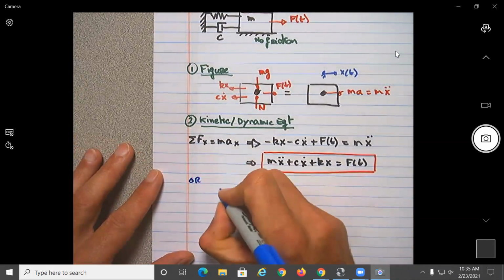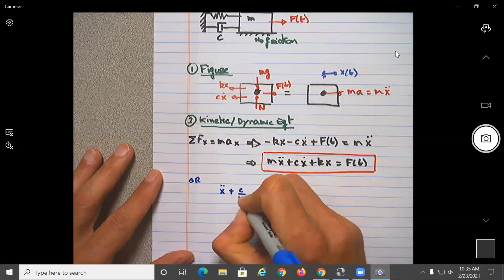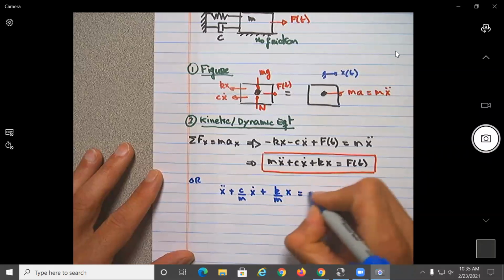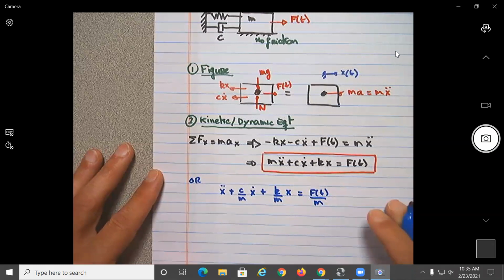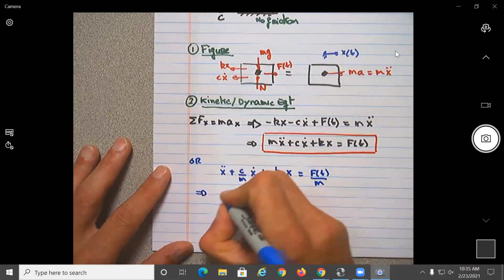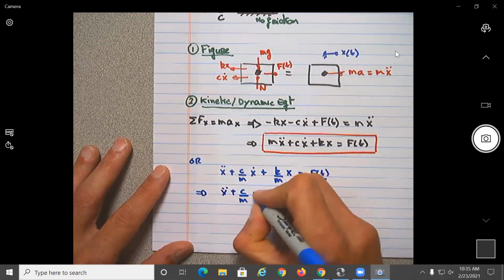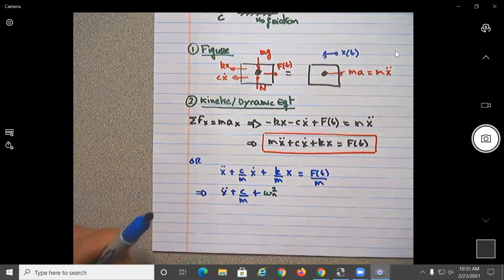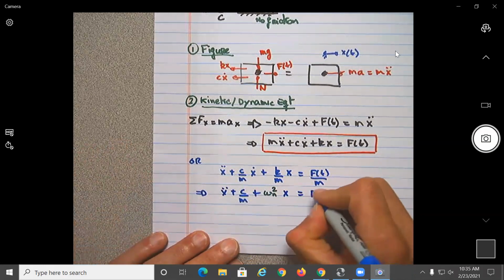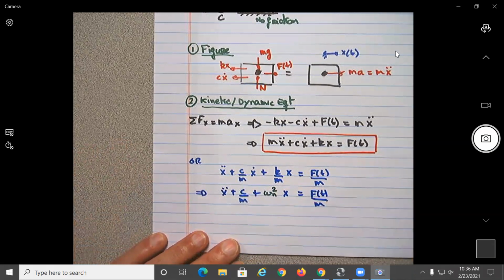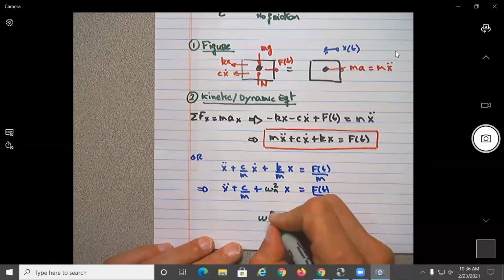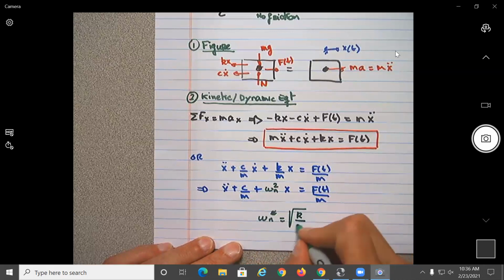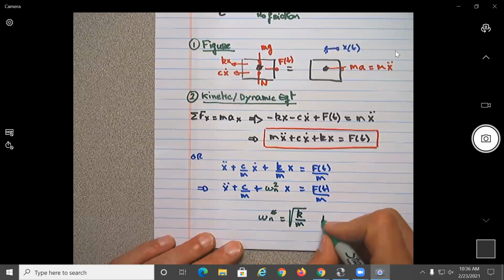X double dot plus C over M X dot plus K over M X equal to F of T over M. But this will be the same as X double dot plus C over M X dot plus omega n squared X equal to F of T over M, where K over M is the natural frequency.